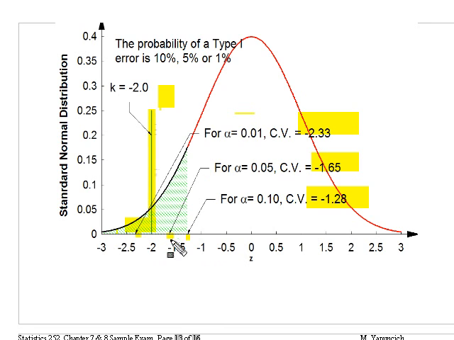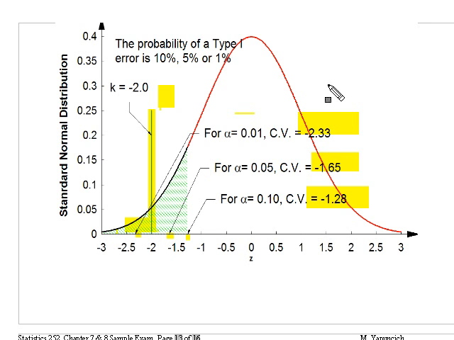Now the question is, when will the null hypothesis be rejected? If you want to make 99% sure that you don't make a type 1 error, that would correspond to the critical value of minus 2.33. The minus 2 is greater than that. The minus 2 is in the non-critical region.